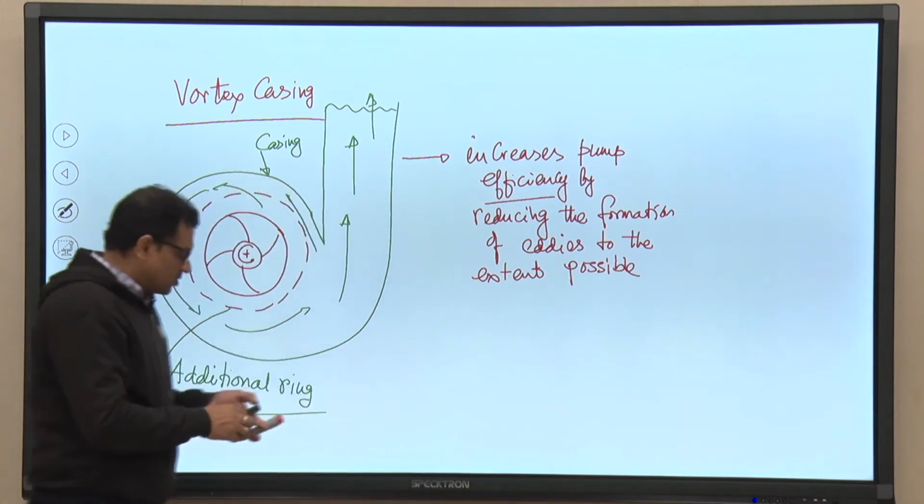Okay. So, the next one is the diffuser casing. Let me draw the diffuser casing. This is very important.